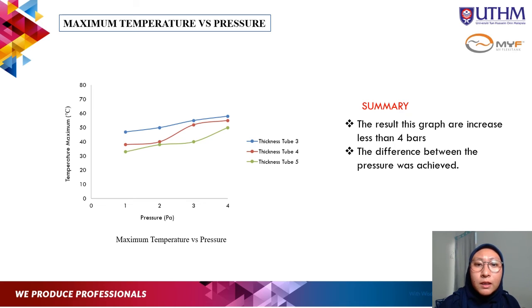And then thickness tube 4 obviously increases at 3 bar, and smoothly stays at 4 bar between 50 degrees to 60 degrees. For thickness tube 5, it increases before 3 bar at 40 degrees and starts to increase to 50 degrees at 4 bar. So for the summary on this figure, the result of this graph increased less than 4 bar, and then the difference between the pressure was achieved.